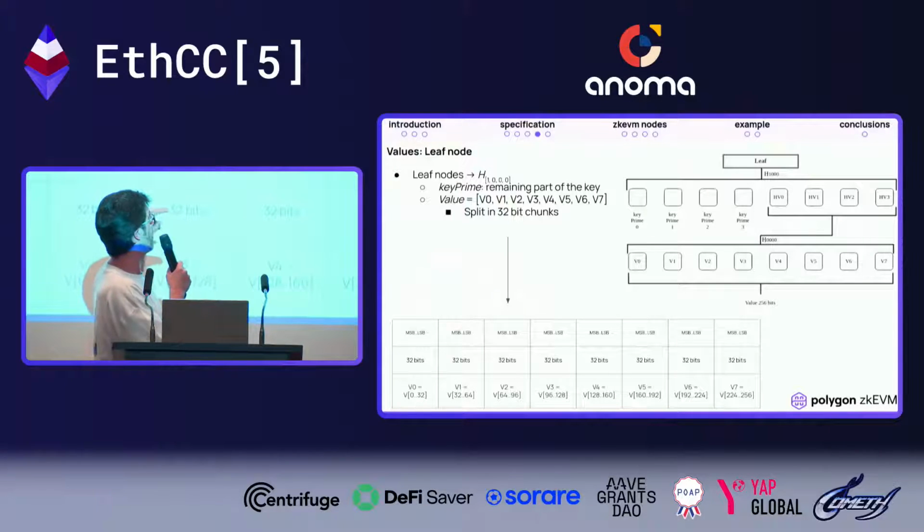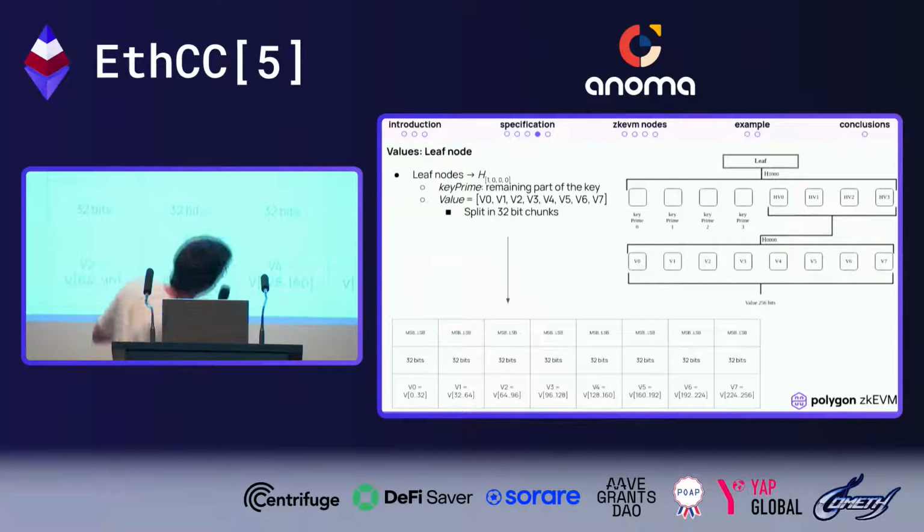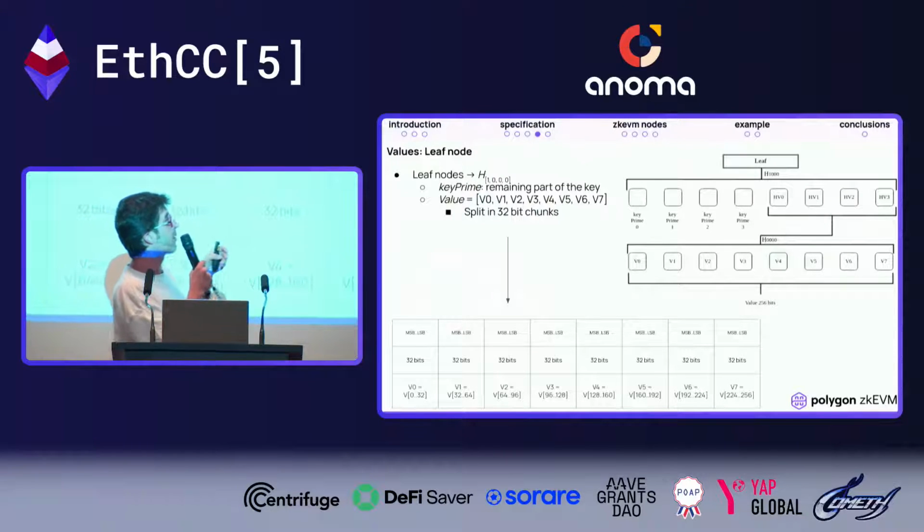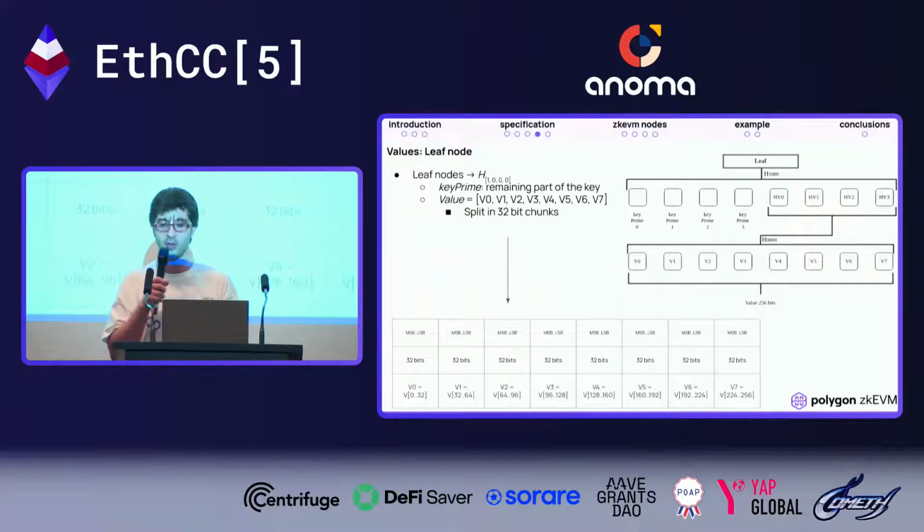It basically points out the level which the leaf is in until the bottom of the Merkle-Tree. Also, it is worth mentioning that when we add the value of 256 bits, we split it in 32-bit chunks, and then here is the table. We split it in 8 different 32-bit chunks, and then it perfectly fits the input of the Poseidon.